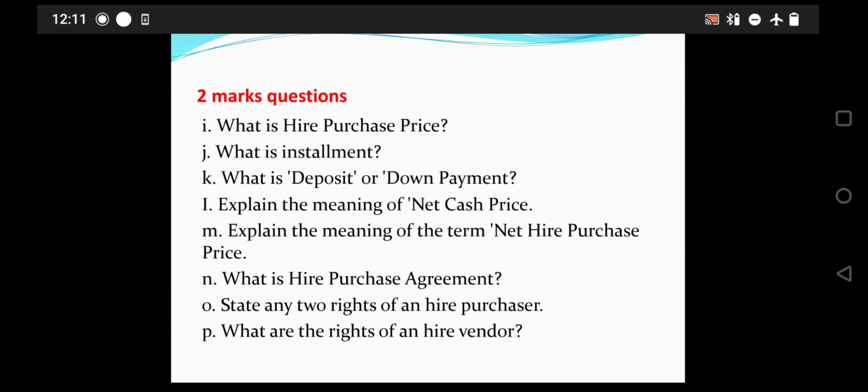And what are the two rights of a hire vendor? The hire vendor can enjoy the possession, or ownership, of the goods till the time the hire purchaser pays the amount. And another one: in case the hire purchaser fails to pay the complete installment, the hire vendor has all the rights to take back the possession of the goods from the hire purchaser.